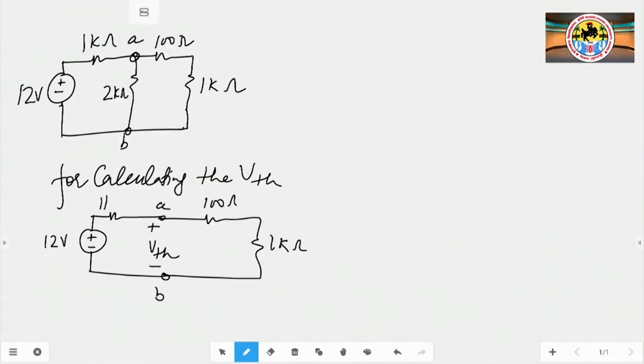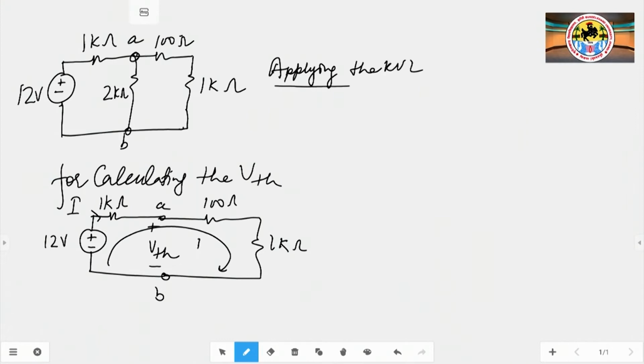This one is 1 kilo ohm. Suppose the current from the source is I. First we calculate the value of I, so we use mesh analysis in this loop number 1, by applying KVL on the whole circuit.